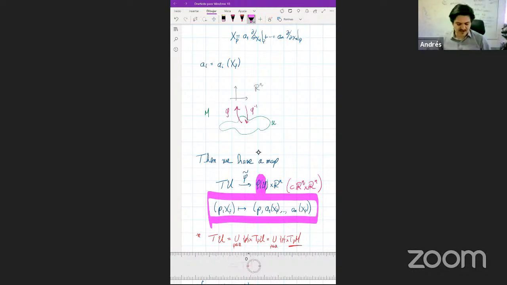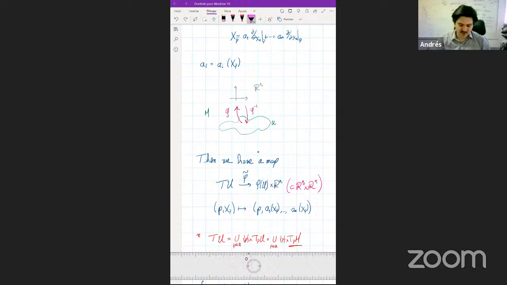This is part of the chart, which is an open set in Rn. And the other Rn comes from the tangent space. So this is what I will call phi tilde. Is defined on TU and is given by this.